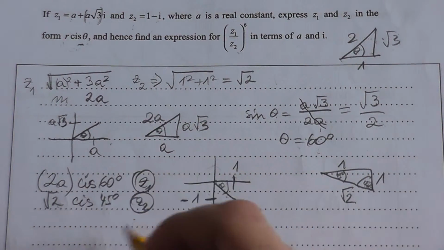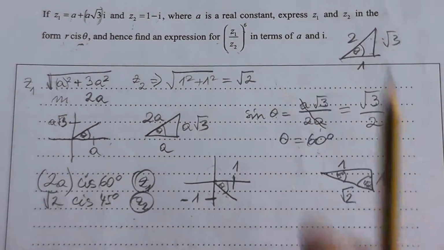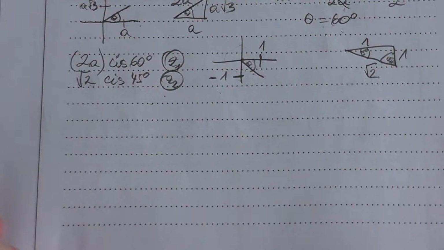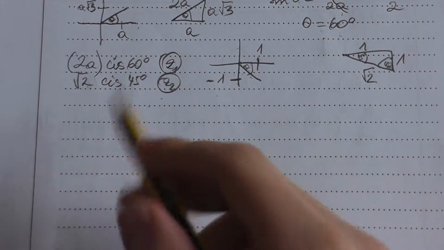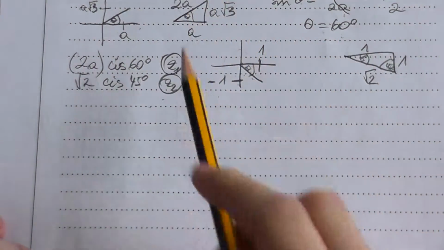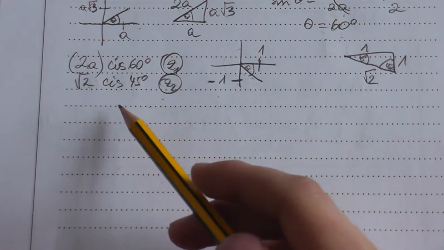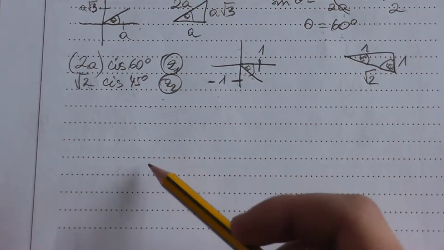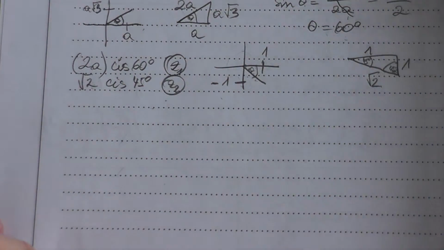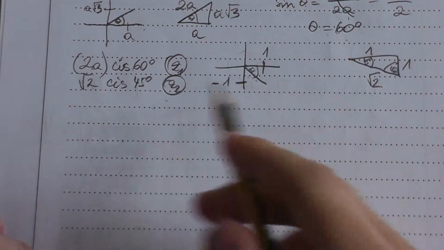45 degrees. Next thing that we're asked to do is go z1 over z2 raised to the power of 6, so I'll just move down, I need space, I write big. And so we go z1 over z2 to the power of 6. You really can't divide these in this form. What we can do, however, is expand them and then use de Moivre's theorem to eventually raise them to the power of 6.